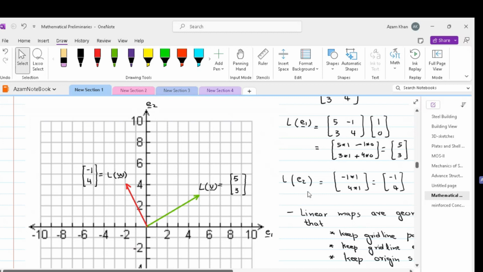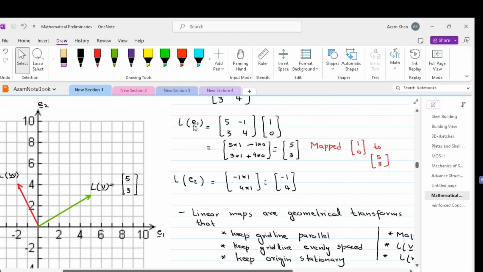Similarly, we can have the linear map applied on the E2 unit vector, and it can transform that into minus 1 and 4. Instead of unit vectors E1, E2, we can have any other vector having two components, and the linear map will take it from one position to another position.